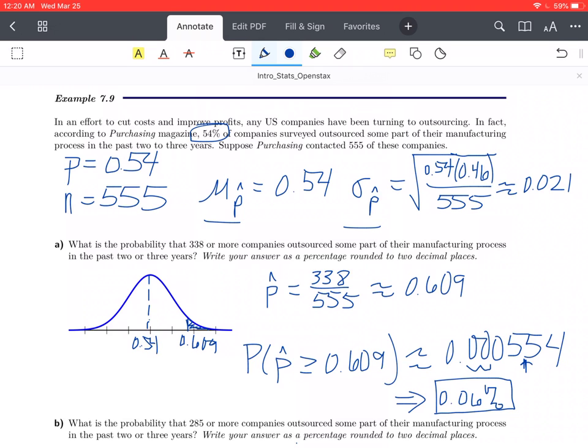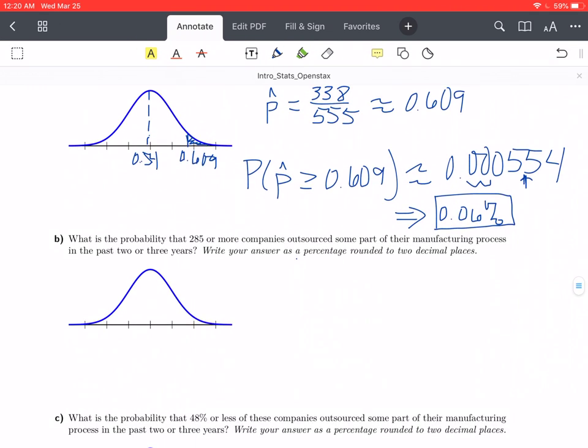So that's 0.06%. Very, very improbable, right? Very, very unlikely that this would happen. And if you think about it, if the regular proportion is 54%, right, 0.54, the probability that it's that much higher, 338 times out of 555, is not particularly likely.